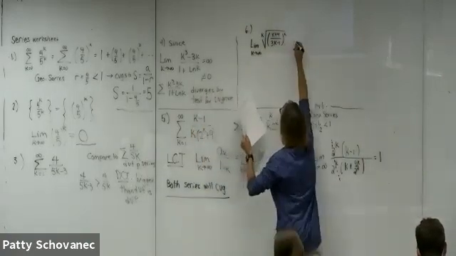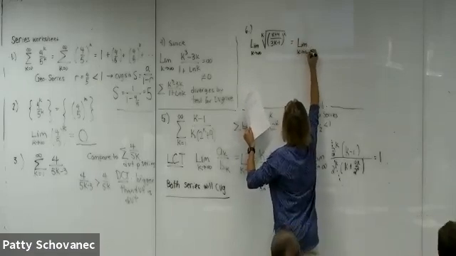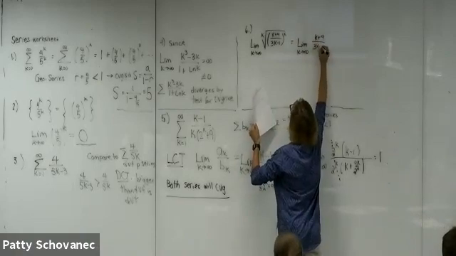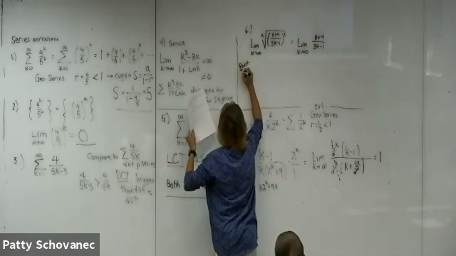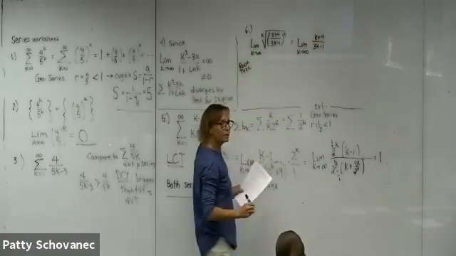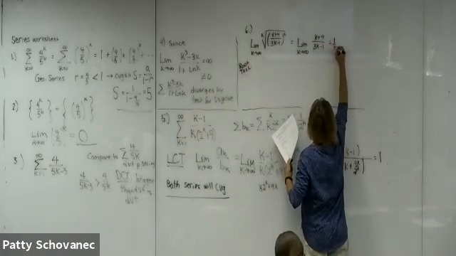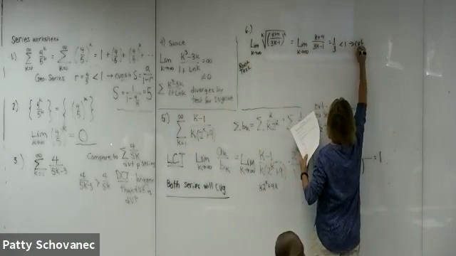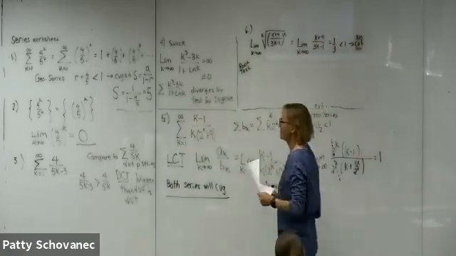So the roots cancel, and we just take the limit of what's inside. And what's that limit? We compare it in size to 1, so it's smaller than 1. So it's convergent. Absolutely, because everything's positive to begin with.